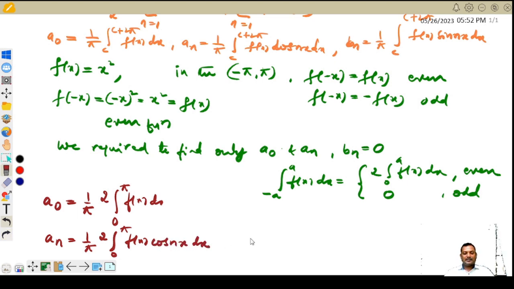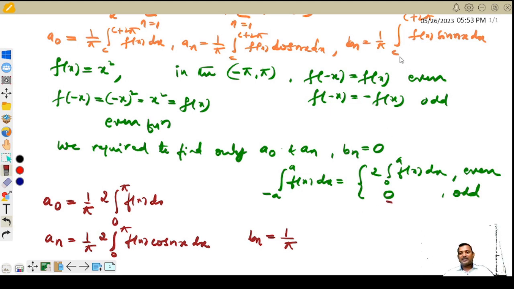So now look at the value of bn, 1 by pi times the integral. Here f of x is an even function, sin nx is an odd function. The product of odd and even function is odd. Therefore, this value is 0.